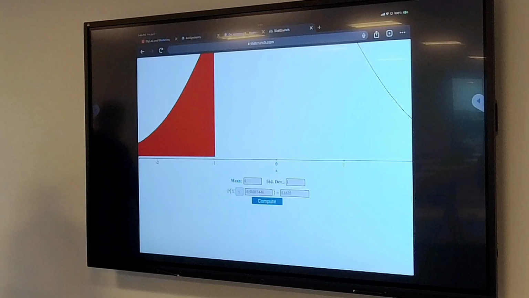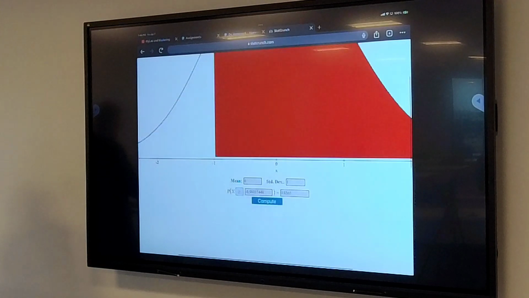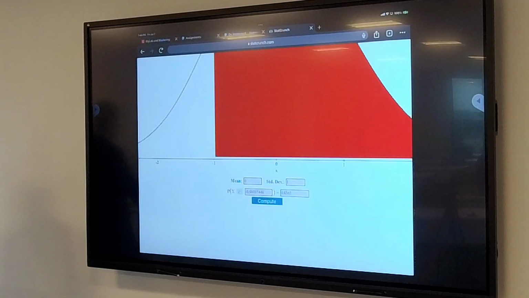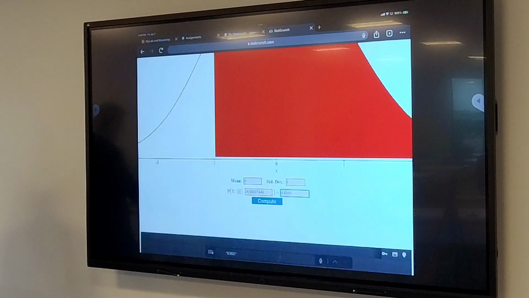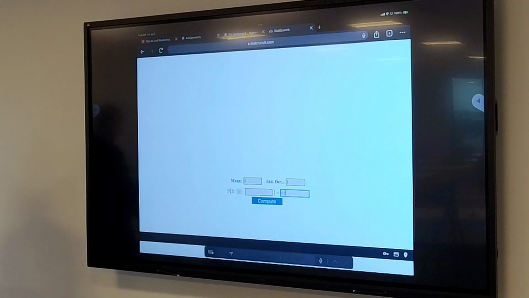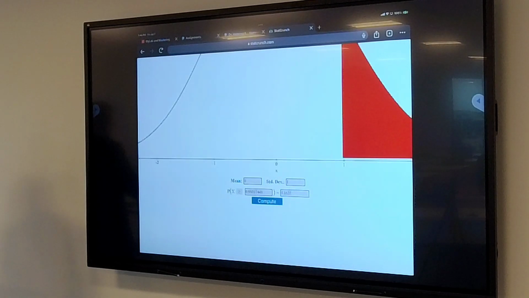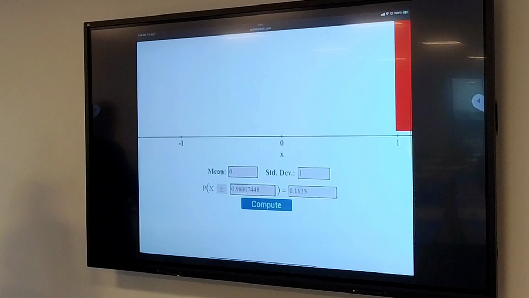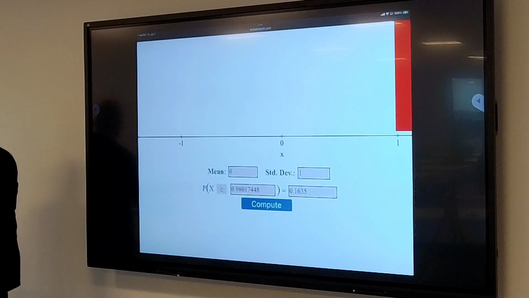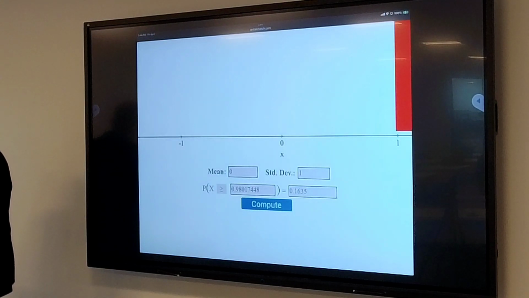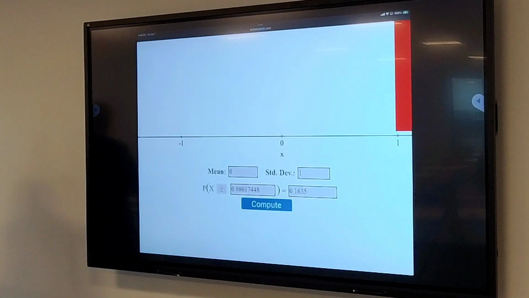But if I first change my inequality and then say I want the area of 0.1635, then the number I get for my z-score is of the same magnitude. It just doesn't have the minus symbol. So change the inequality before you put all the numbers in. Yep, that's a best practice.